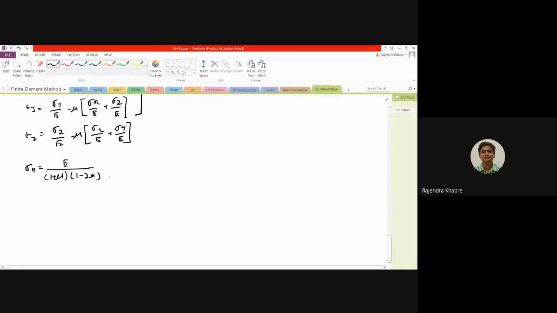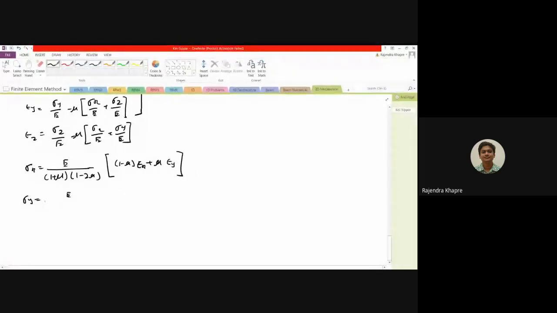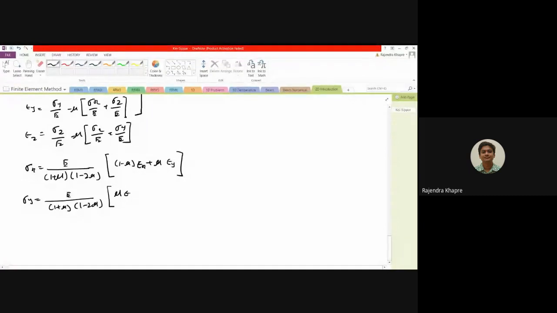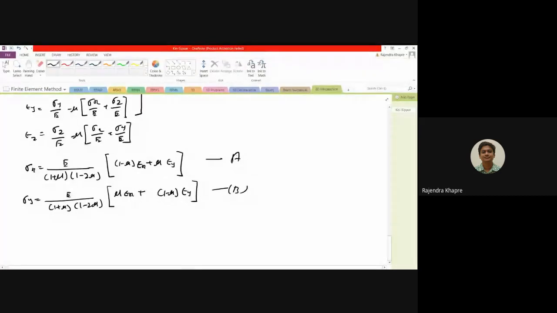You just have to solve this, then only you will be able to get this. And sigma y can be obtained as E divided by 1 plus mu into 1 minus 2 times mu, into mu into epsilon x plus 1 minus mu into epsilon y. So this is expression A and this is expression B.